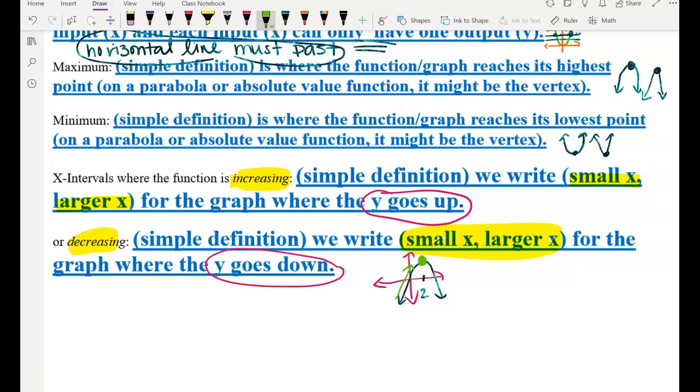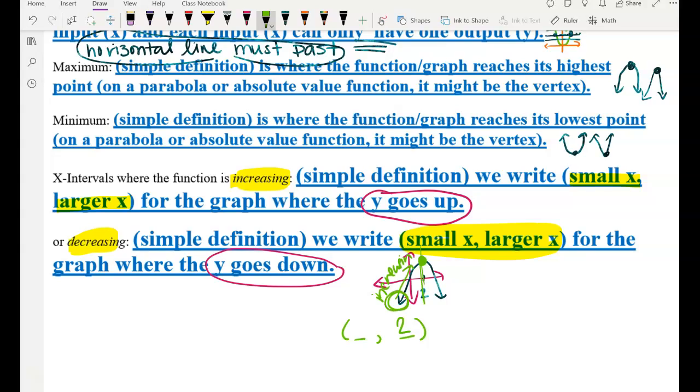Well, that's increasing. And how do we write that increasing interval? It's some x value over here, comma, some x value over here. Well, the x ends right here. So 2 is where it stops increasing because that's the max. It can't go any higher than the max.